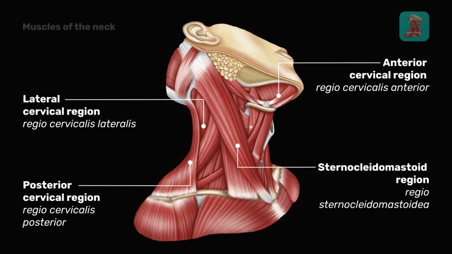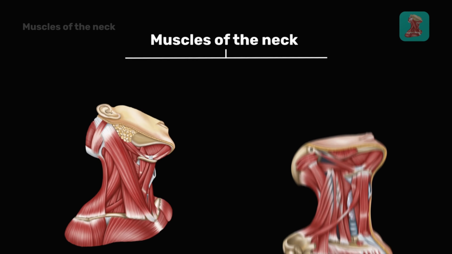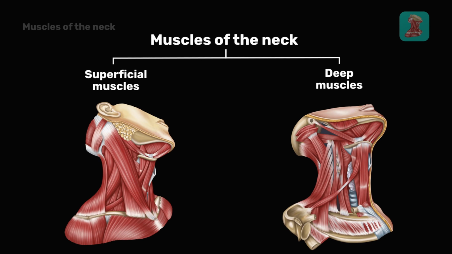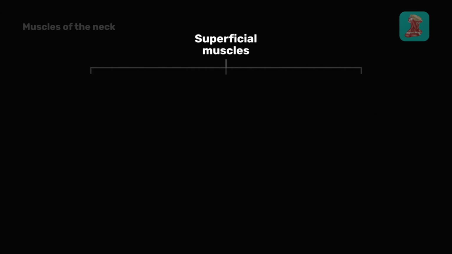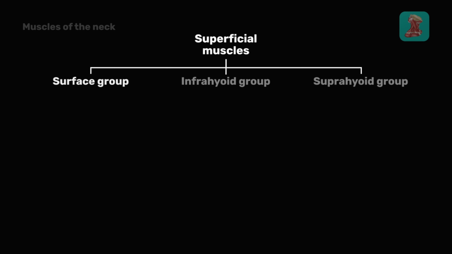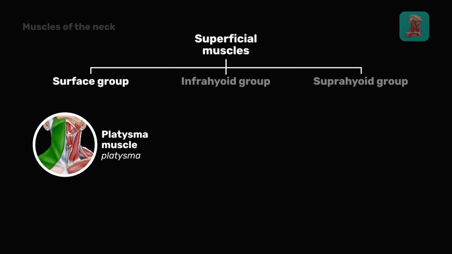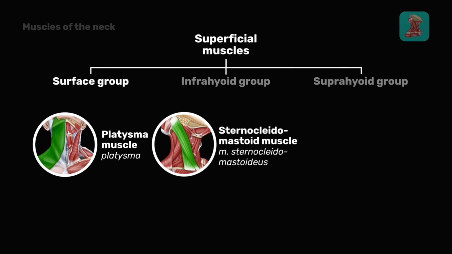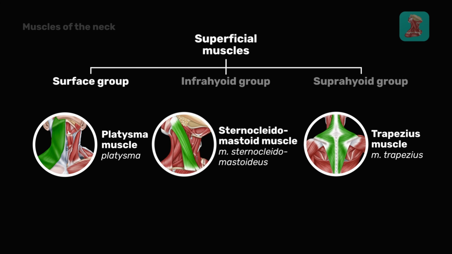The muscles of the neck are located within these anatomical areas. They are divided into superficial and deep muscles. The superficial muscles form 3 groups: the surface group, the infrahyoid group, and the suprahyoid group. The surface group includes the platysma muscle, the sternocleidomastoid muscle, and the trapezius muscle.